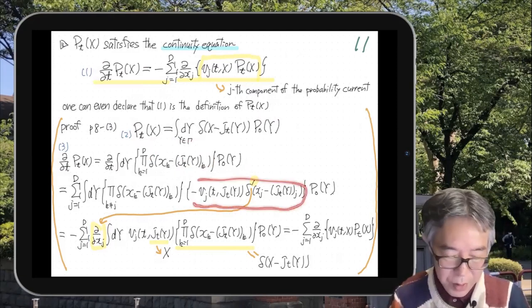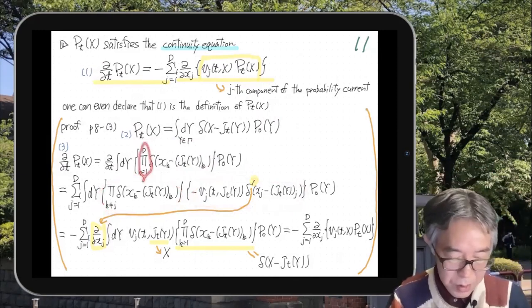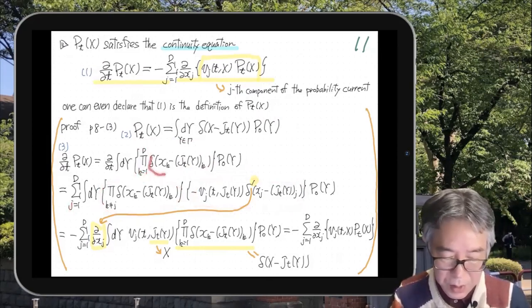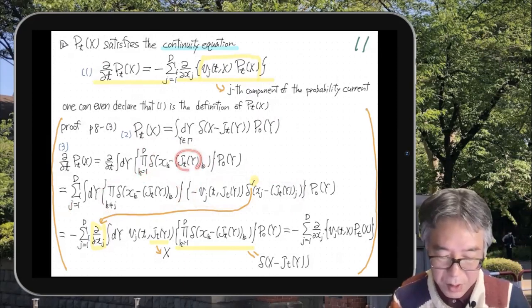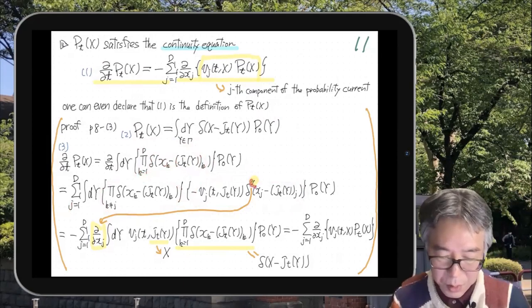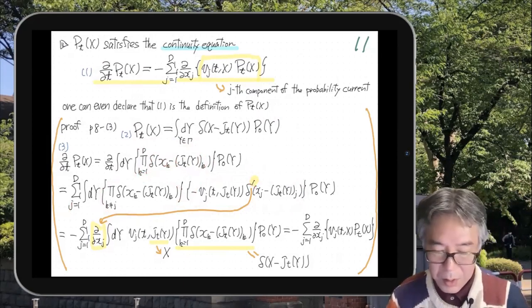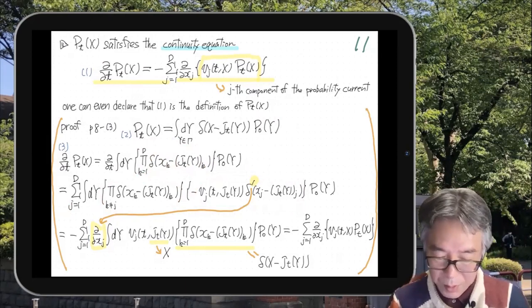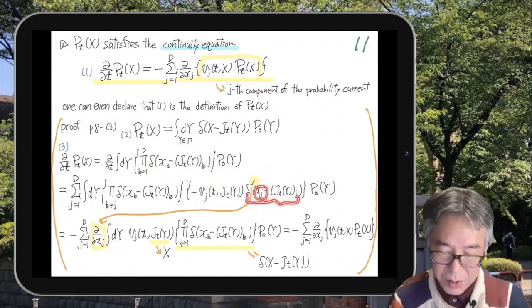So this one was differentiated, and these were not differentiated. Okay, so this is a product of d minus 1 things, k not equal to j. Okay, and if you differentiate this with j by t, what you get is simply, if you differentiate this, you get this minus v, and by differentiating this, you get delta prime. This is the differentiation of the delta function. But now this prime, if you look at this, you have x_j inside here. So you can rewrite this like this.